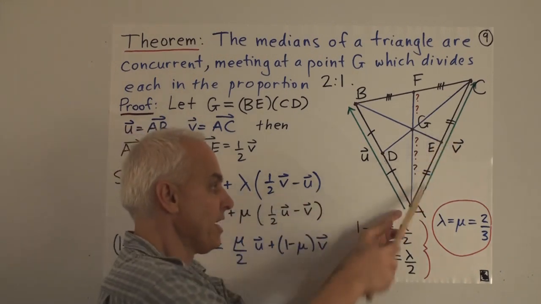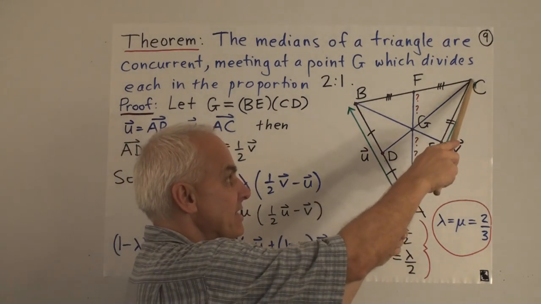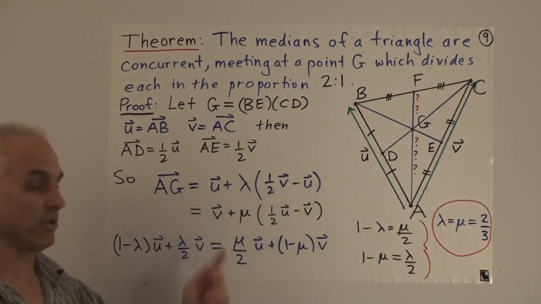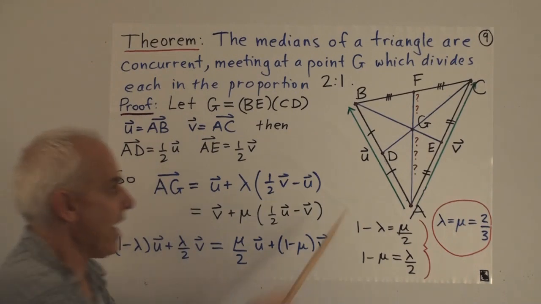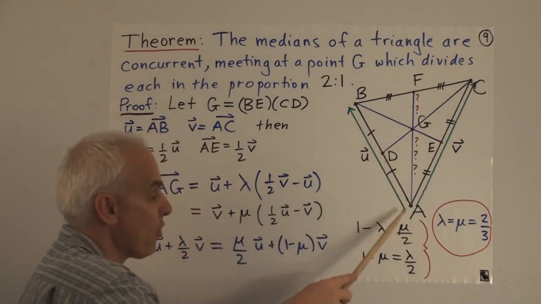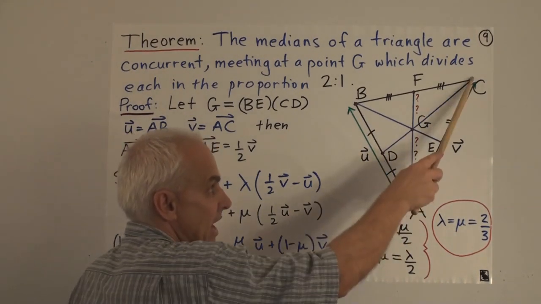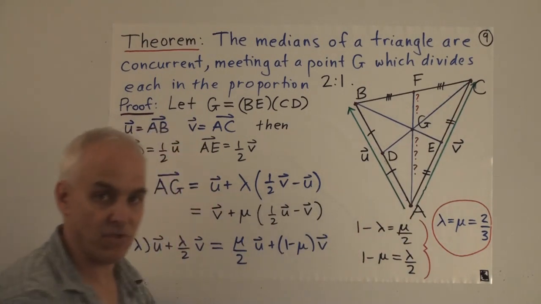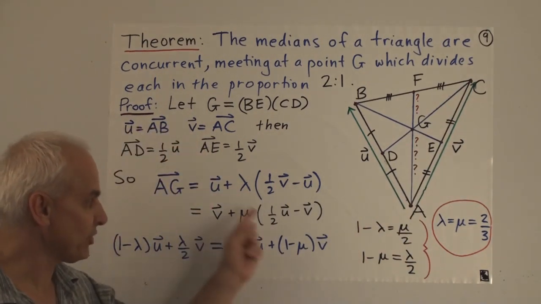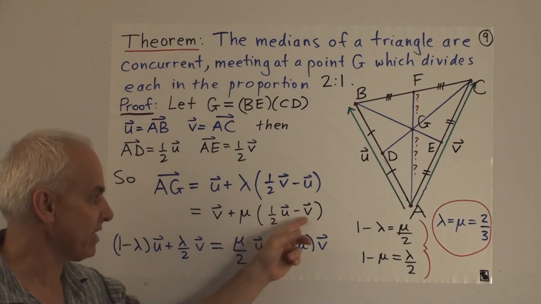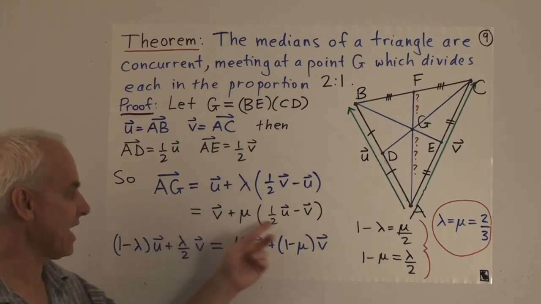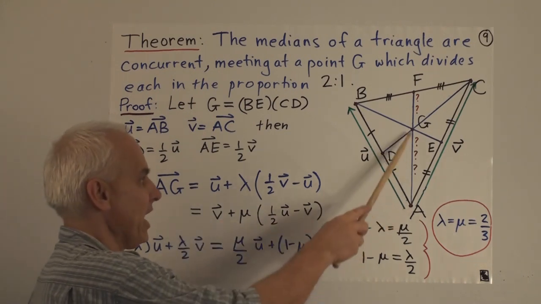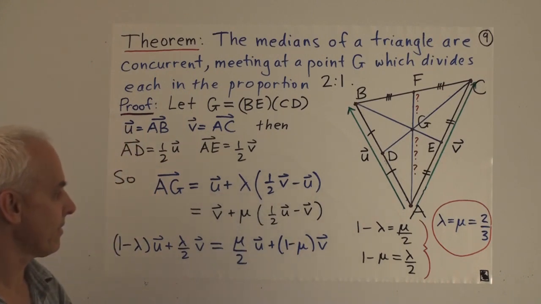Similarly, the other way around, we can write it as v plus some multiple of this vector. Say the multiple is mu. And this vector here is going from the head of v to the head of 1/2 of u. So it's equal to the difference 1/2 of u minus v. So there's our second expression for the vector AG.